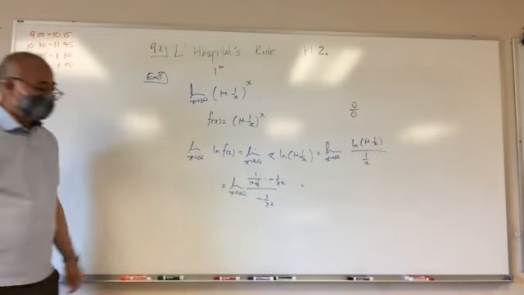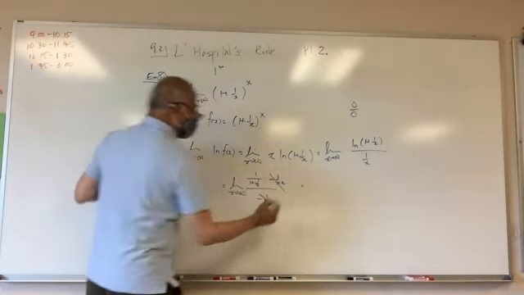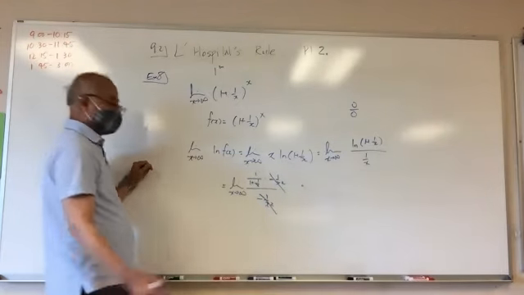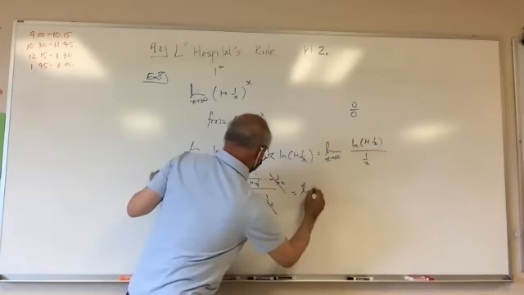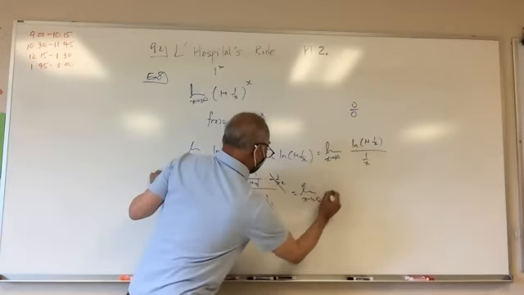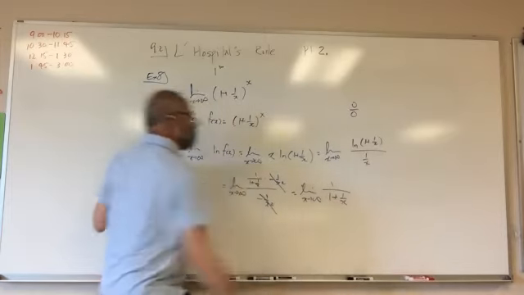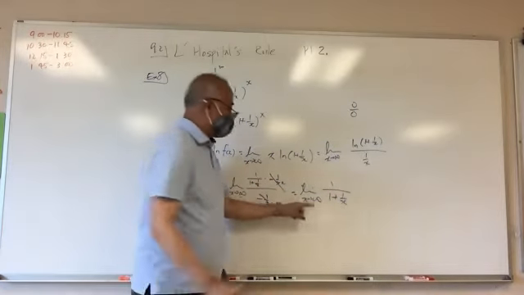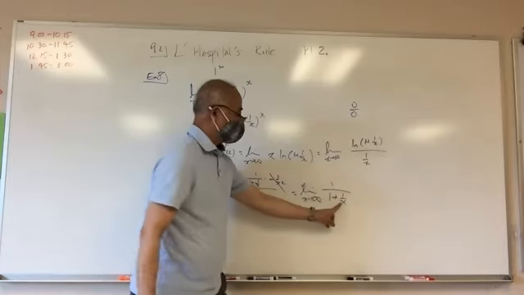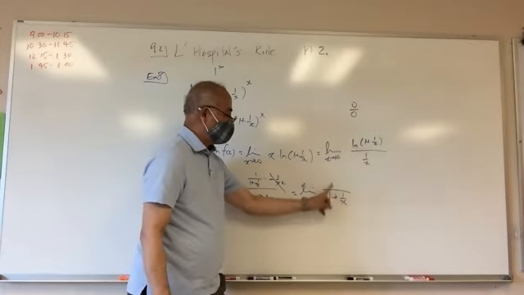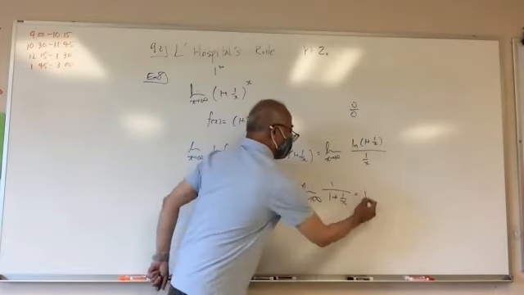This guy and this guy cancel out. So now I'm going to go limit as x goes to infinity, 1 over 1 plus 1 over x. As x goes to infinity, this guy goes to 0. 1 over 1 is 1.